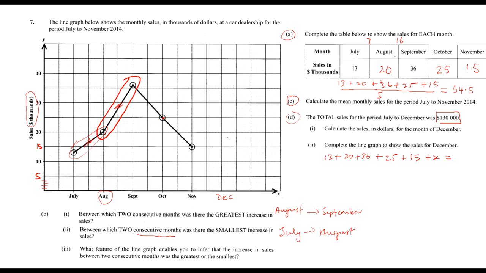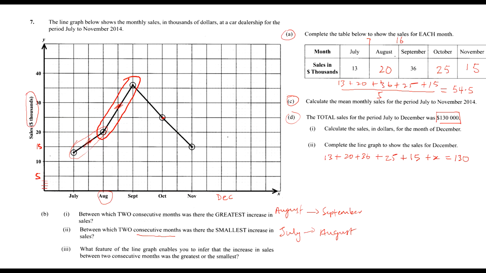So we're going to put 130, right? We're not going to put the whole 130,000. So let's add this up again. So 13 plus 20 plus 36 plus 25 plus 15 gives me 109, right?